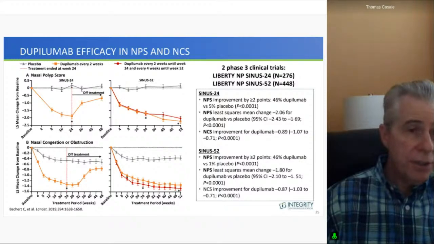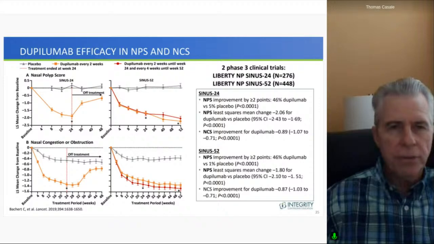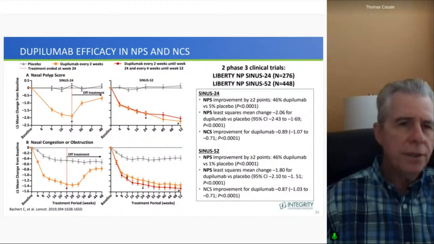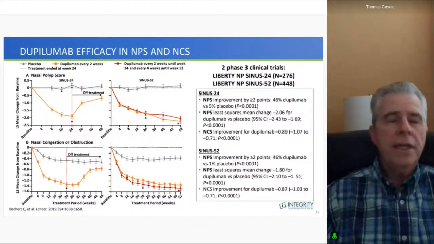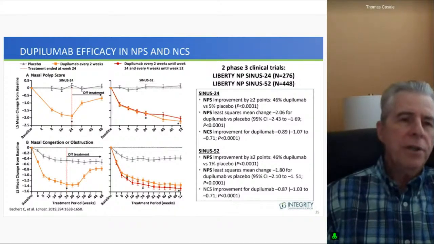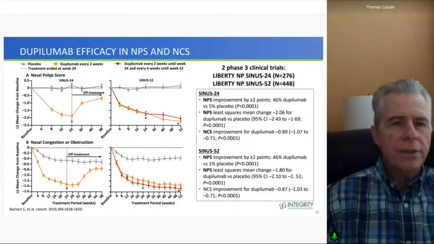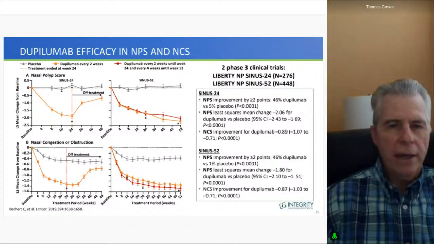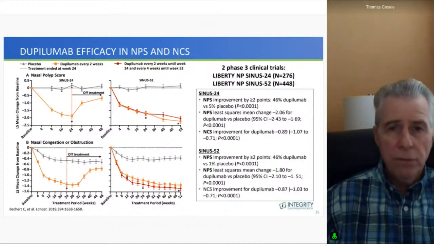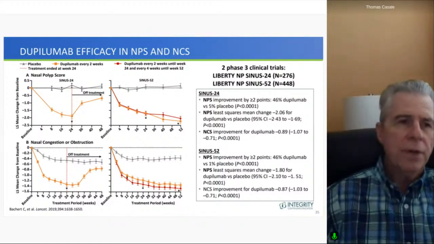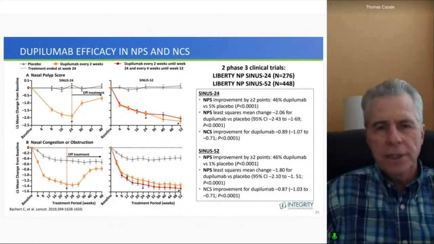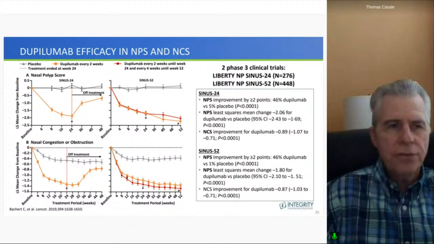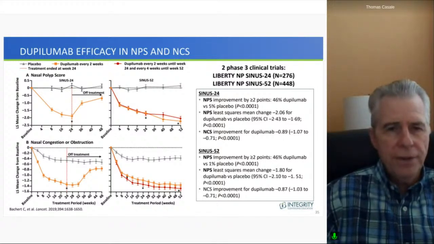And the same with the congestion, a very significant and clinically meaningful decrease. Interestingly, though, you could also see that when the DUPILUMAB was stopped at 24 weeks, patients tended to go back. We don't have as much long-term data with the biologics, but if it's like asthma, it's possible that these drugs have to be continued indefinitely.